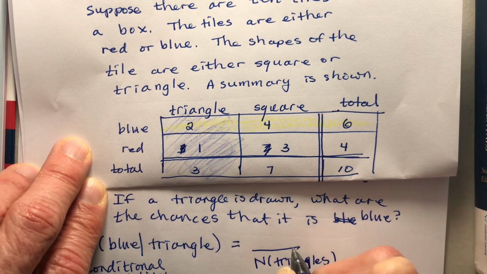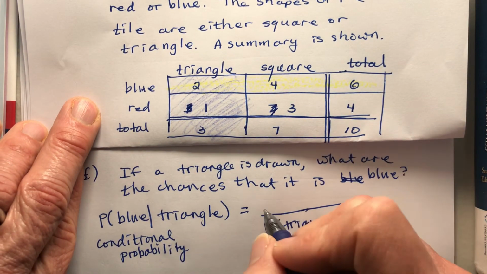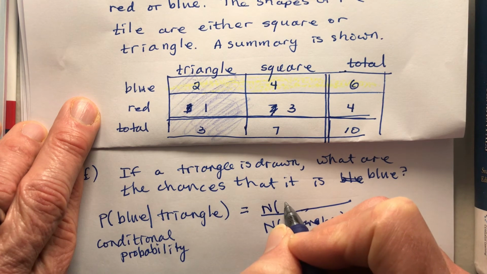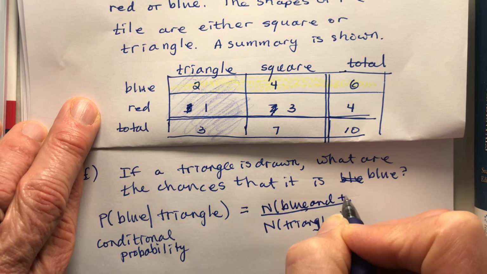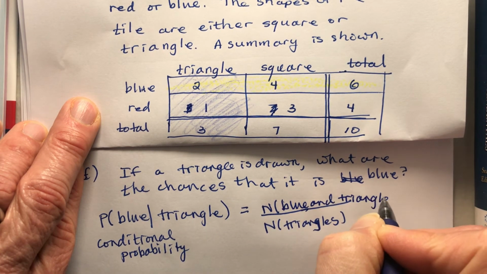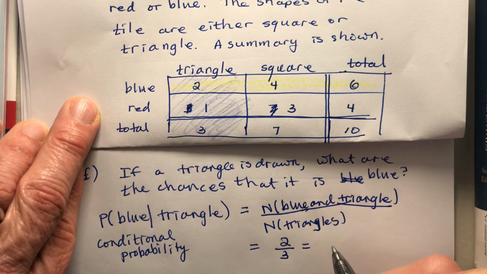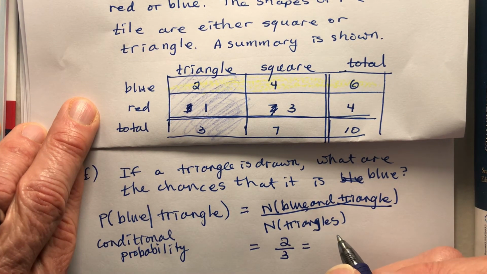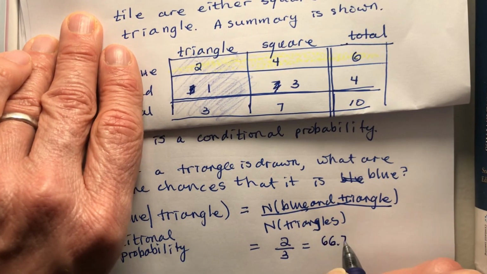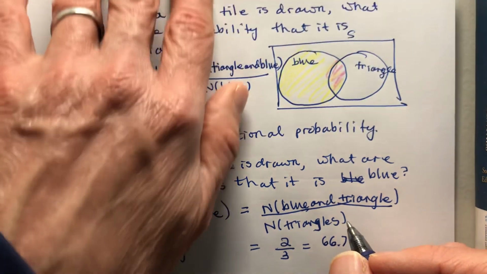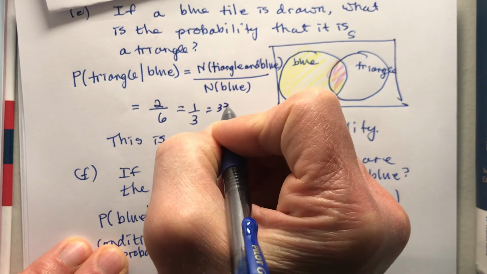In the numerator, we're going to write the number of blue and triangle. So that makes 2 out of 3, which, if we're putting these in percents, that's about 66.7%. By the way, the one above here is about 33.3%.